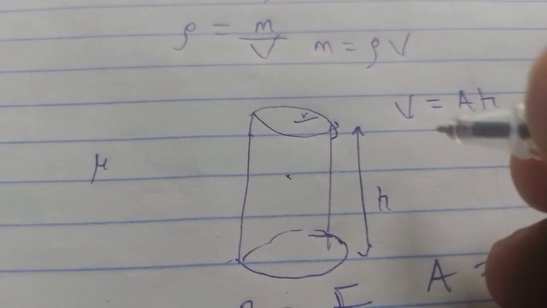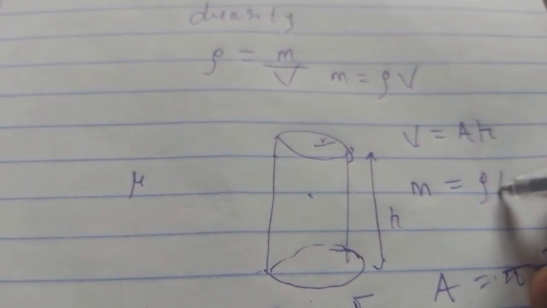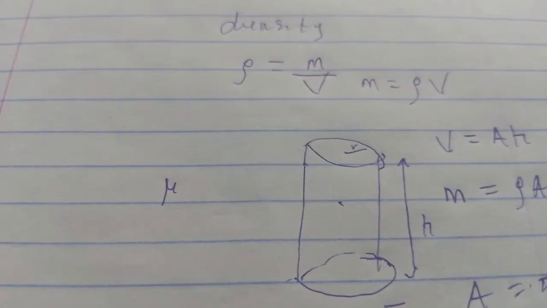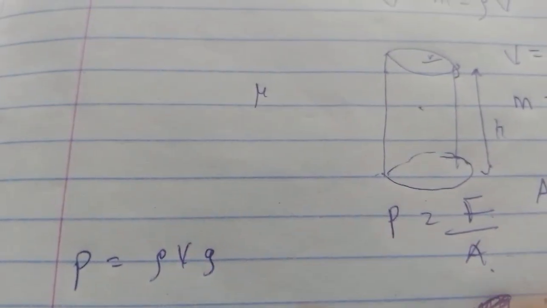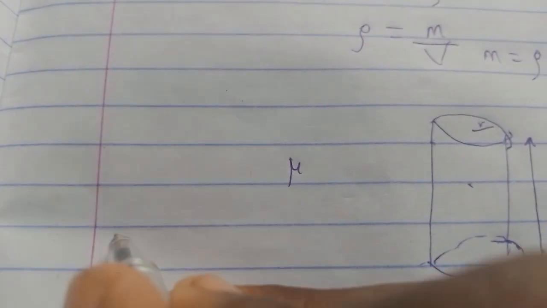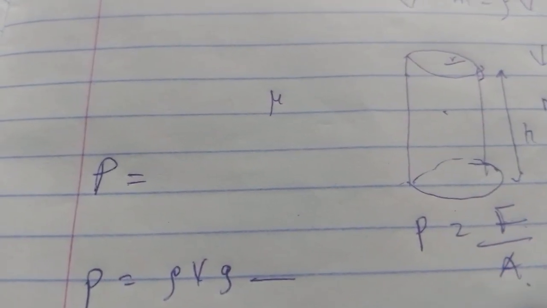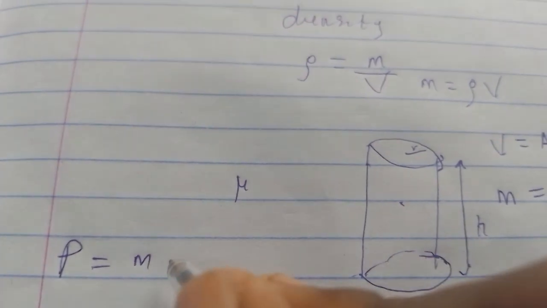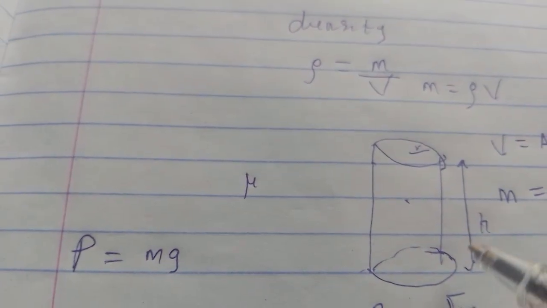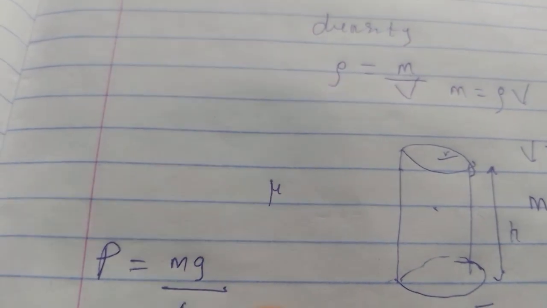So our mass is equal to density times area times height. Pressure is force over area, and our force is mass times acceleration due to gravity.